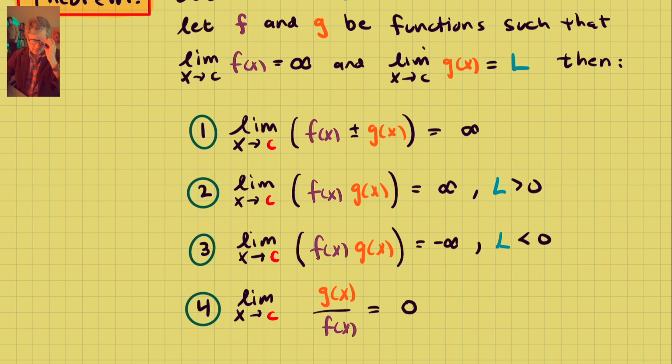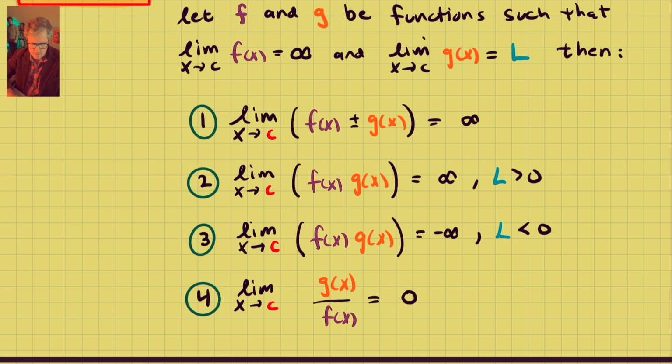Hopefully very intuitive, right? This is infinity times 5. This is infinity times negative 5. Well, I'm in the negative direction, but just infinitely far down in that direction. Okay, so these three are straightforward.